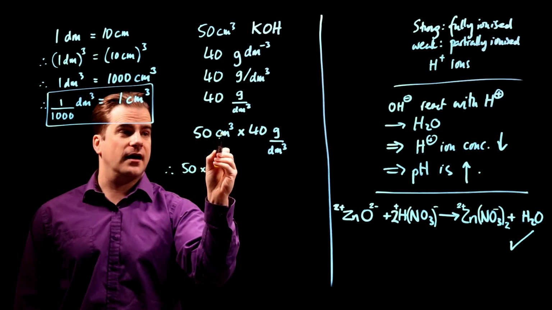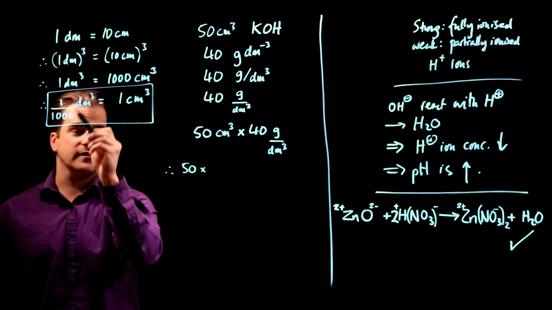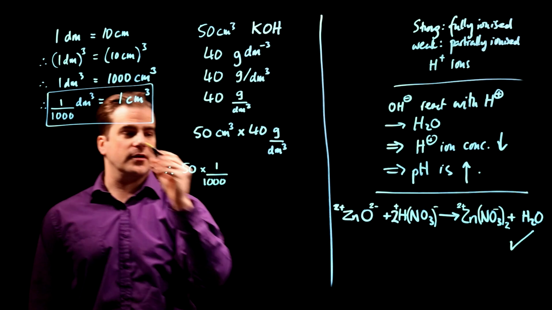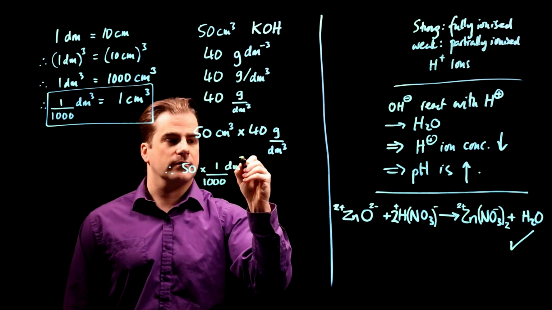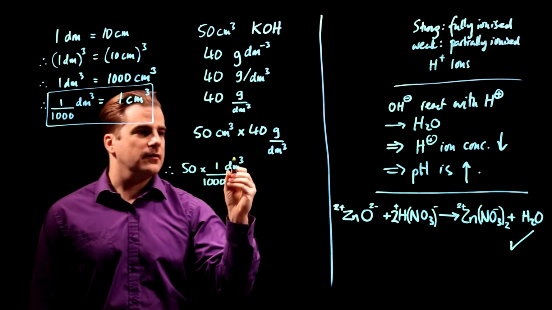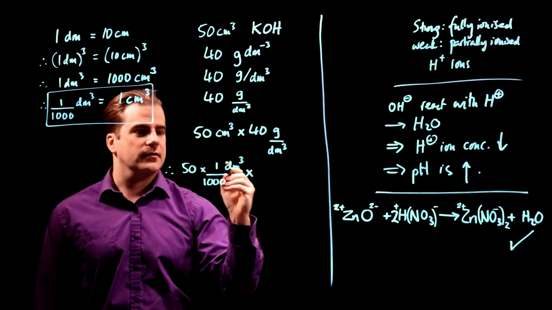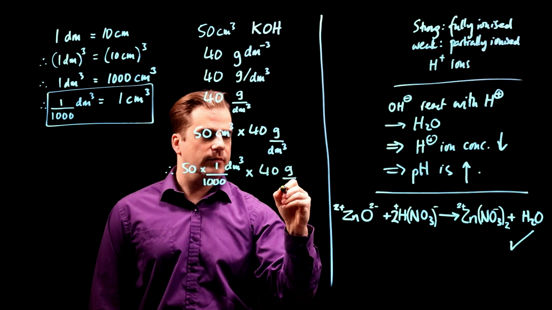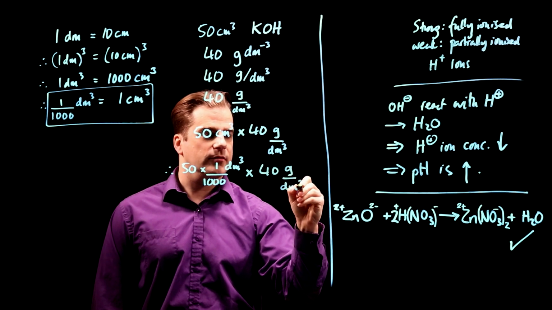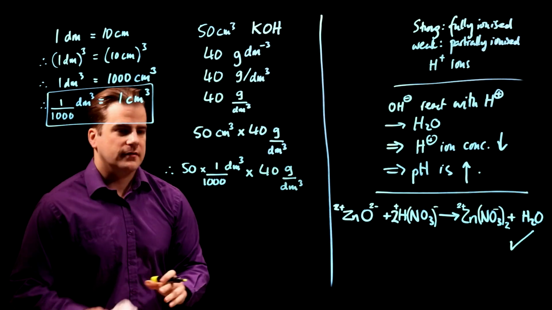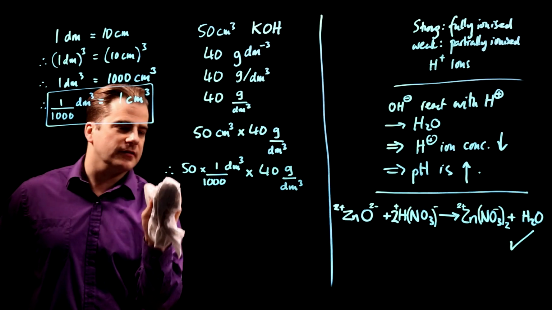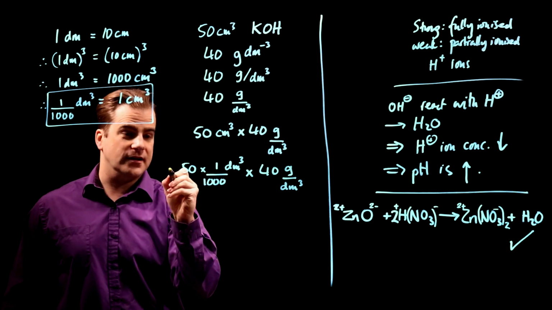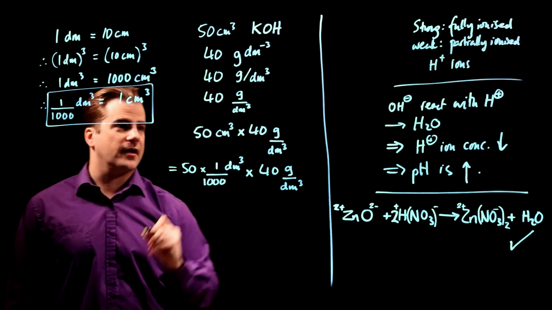So it's 50 times 1 cm cubed, which is 1 over 1,000 dm cubed, times 40 g per dm cubed. Technically, I shouldn't really have written therefore there. All of that is equal to that. Okay?